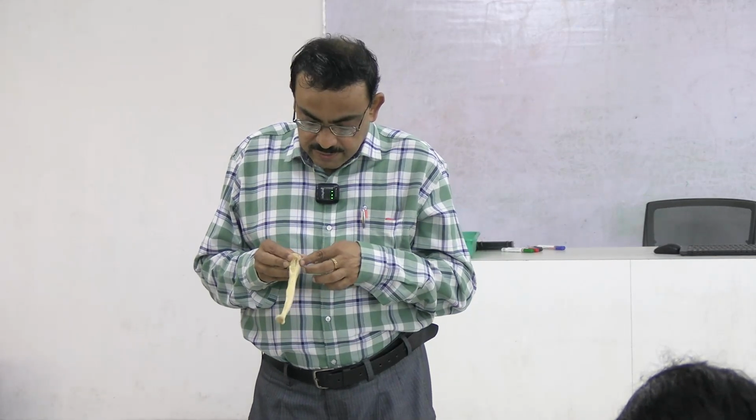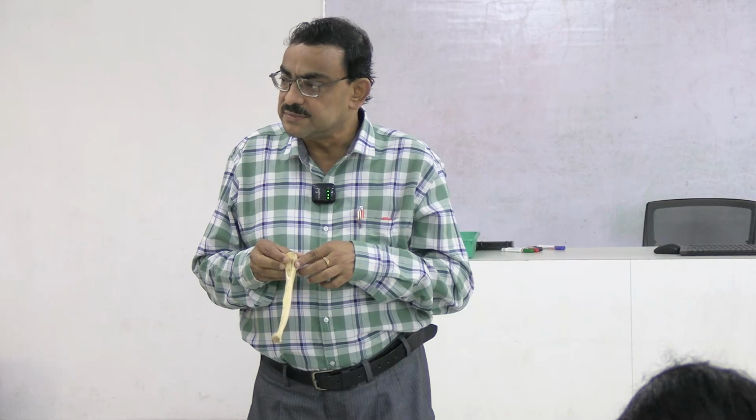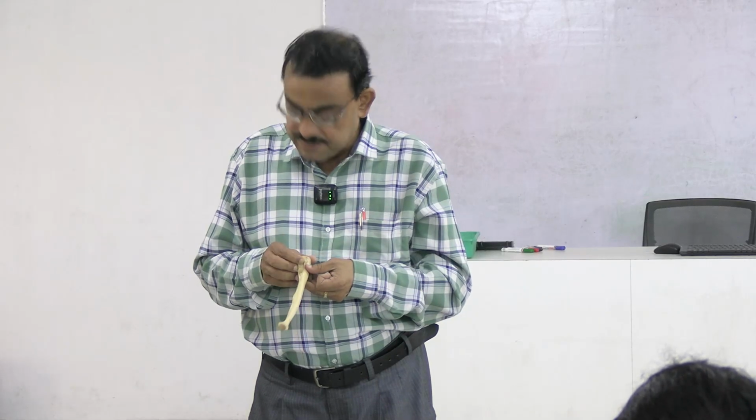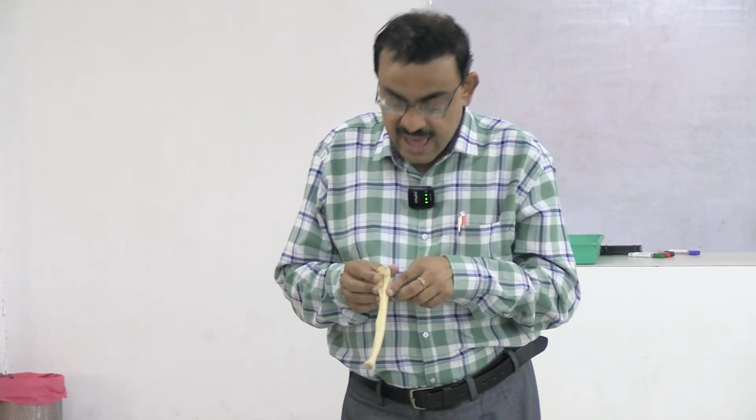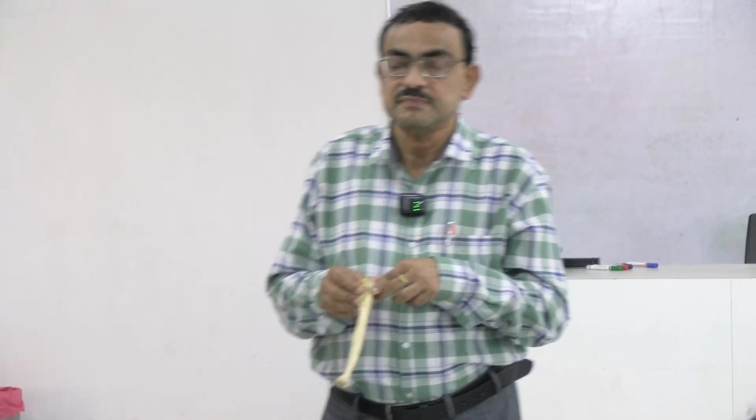And about the coronoid process, there is a superior surface, inferior surface, anterior surface, medial surface, and lateral surface.